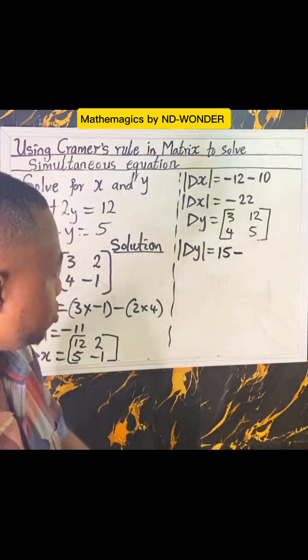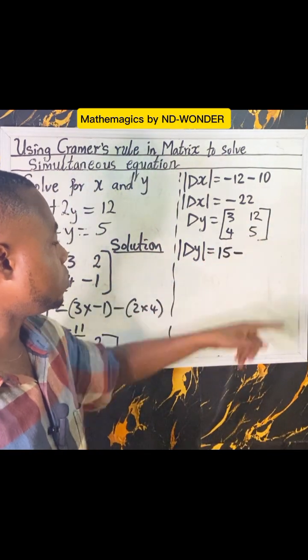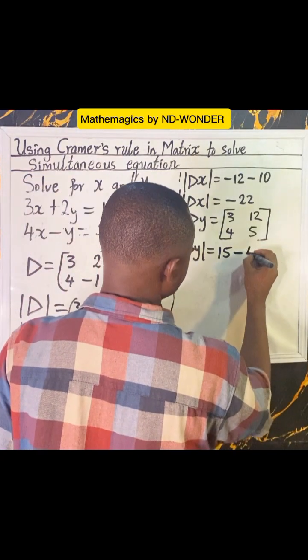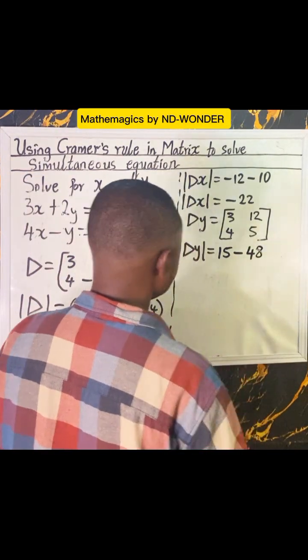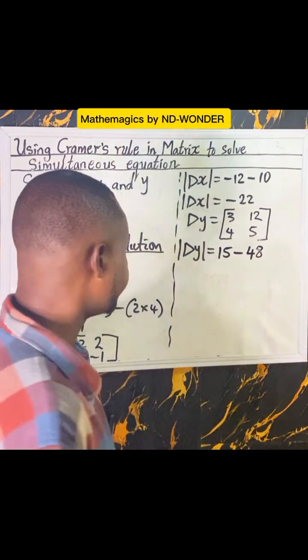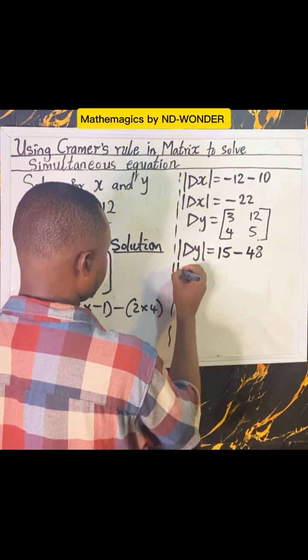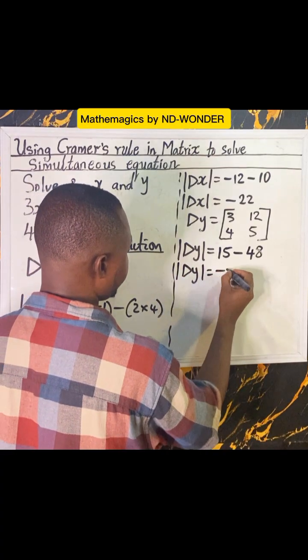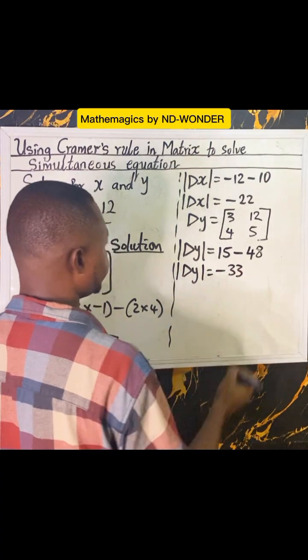The minor diagonal, you have 12 times 4, which is 48. We're having minus 48. So 15 minus 48 is minus 33. We can now say that the determinant of change in y will be equal to minus 33.